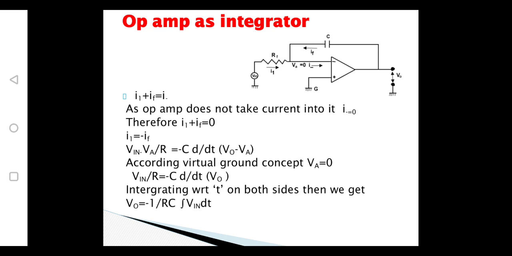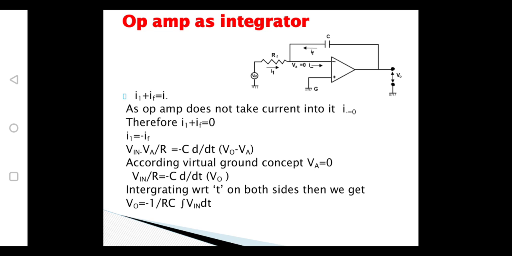Here the minus in minus 1 by RC represents there is a 180 degrees phase shift between input and output, and the 1 by RC value is the magnitude or amplitude of the output voltage. Depending upon R and C values, we can know what must be the amplitude of the corresponding output voltage.